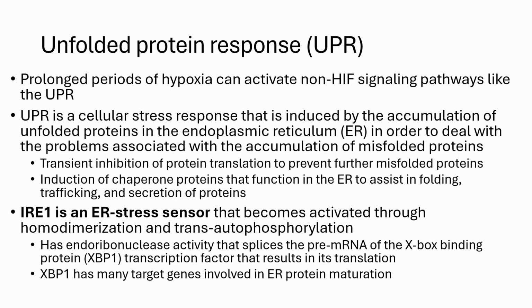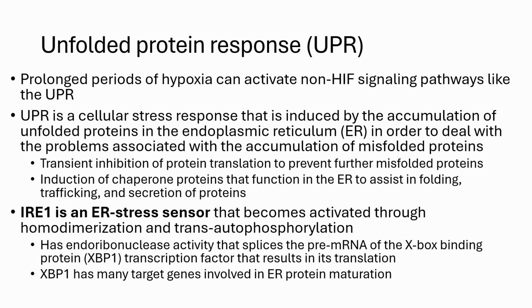The unfolded protein response can cause transient inhibition of protein translation to prevent further misfolded proteins. If the proteins aren't folding correctly, we don't want any more of those, so we're going to stop protein translation. The UPR can also induce chaperone proteins that function in the endoplasmic reticulum to assist in folding, trafficking, and the secretion of proteins.